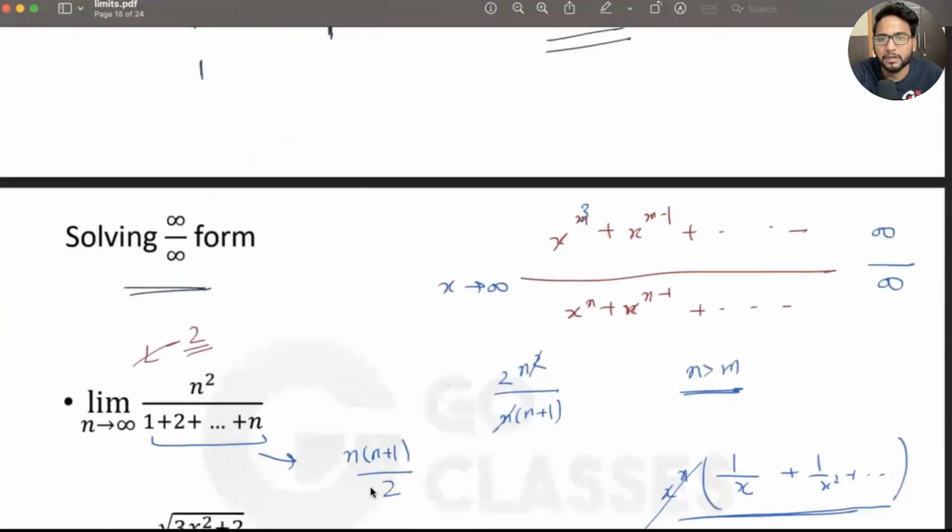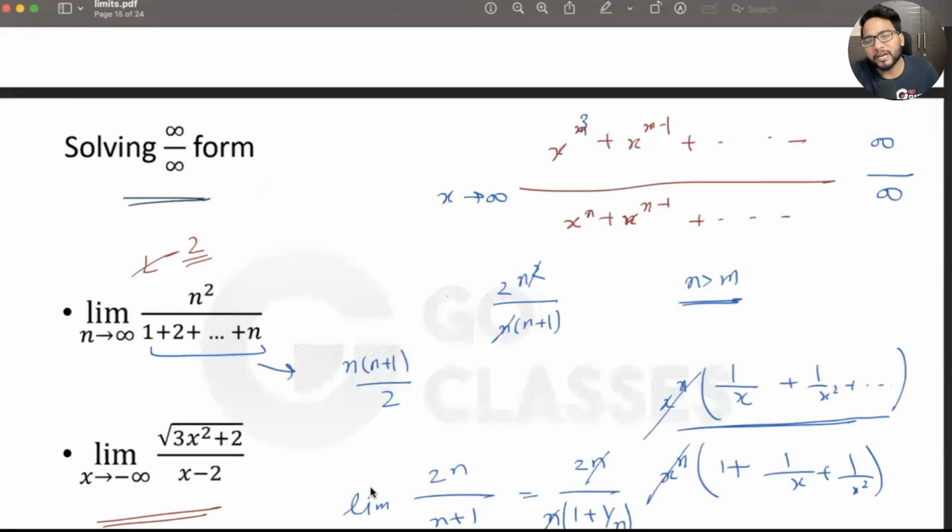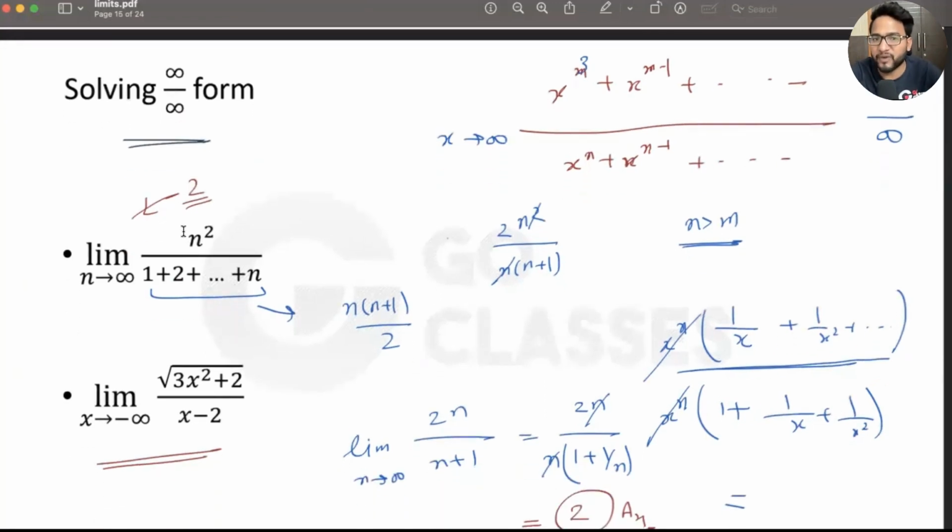Okay. Now we have seen the infinity upon infinity form. In this case, we generally have polynomials only. If the numerator has a higher degree polynomial, which means that if above is n cube and below is just n square, then the answer will be infinity only, right? If above is lesser, which means n square, and below is greater, which means n cube, then the answer will approach 0, or some finite answer will be there.